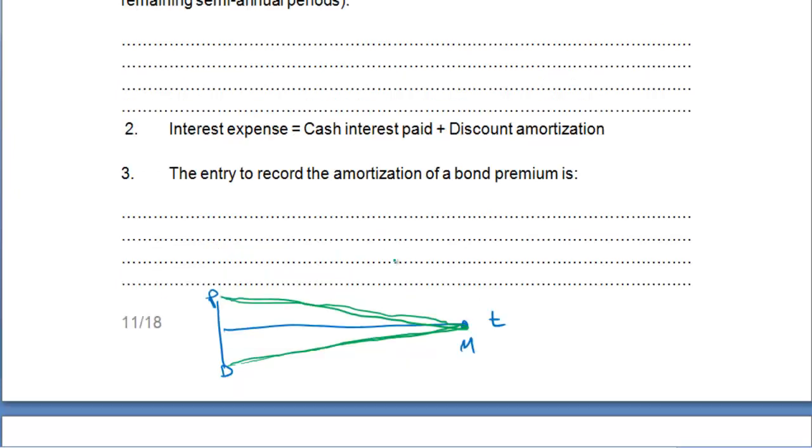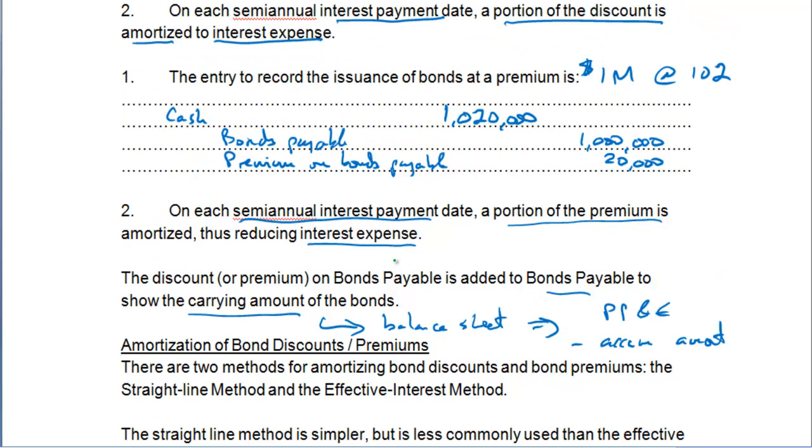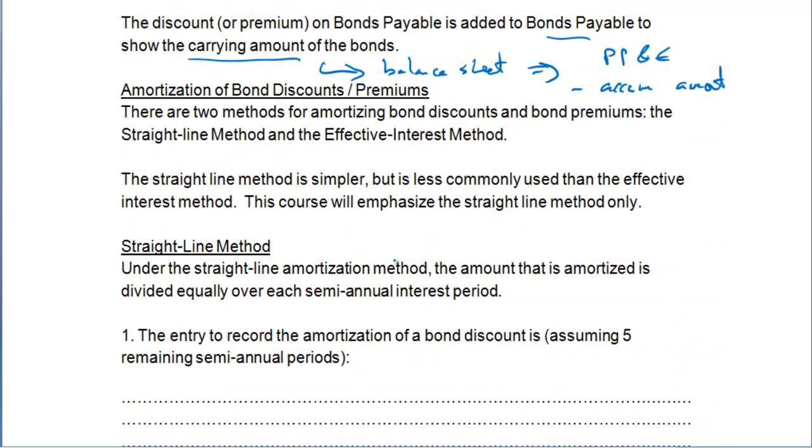How does that work when we look at what we have set up here, which is this discount on bonds payable or premium on bonds payable account, which we know has to be equal to zero on the maturity date? Essentially, we're going to amortize that account over the life of the bond so that it gets down to zero when the bond matures. There are two ways to do this.